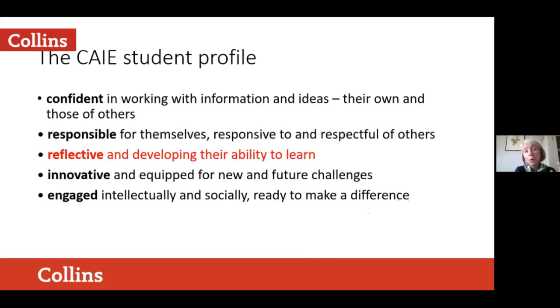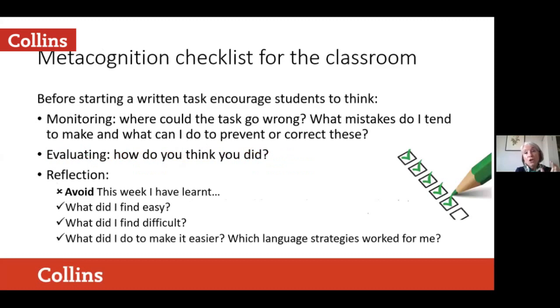But it's also important because it relates to the Cambridge profile for students, that students should be reflective and develop their own ability to learn and to learn in an active way. So what we might ask students to do is, before they do a written class, to think about where might I go wrong?